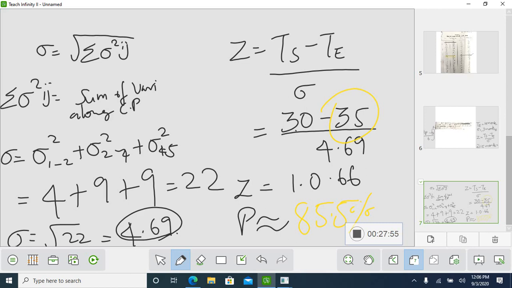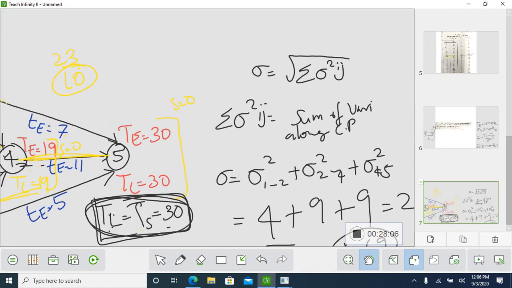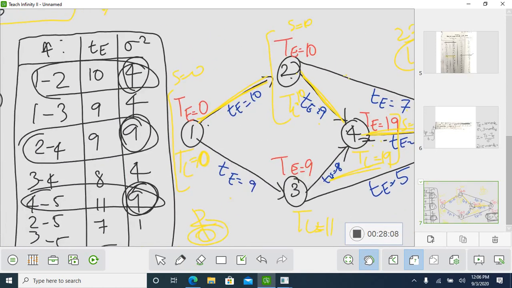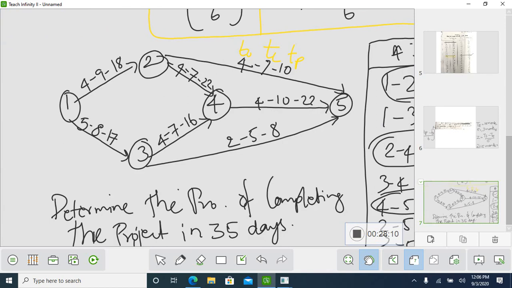They have given you the network diagram and told you to find the probability of completing the project in 35 days. They have given only this basic network diagram.